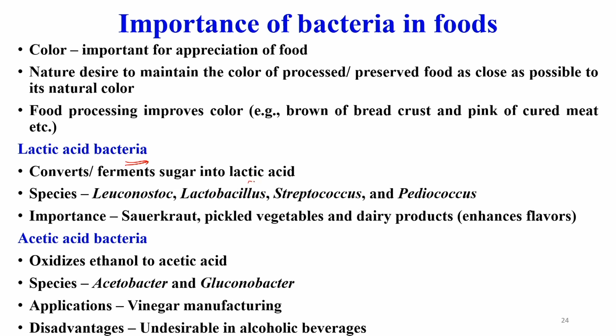It converts the sugar into lactic acid. Sometimes we also apply acetic acid bacteria, which oxidize ethanol to acetic acid, like Acetobacter and Gluconobacter, and there the product is vinegar manufacturing. Lactic acid bacteria produce sauerkraut, pickled vegetables, and dairy products.